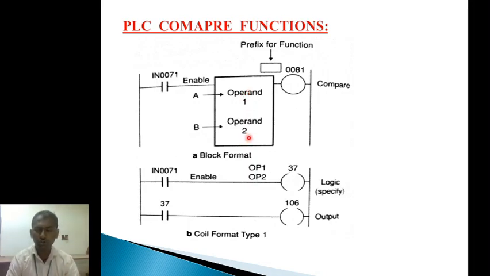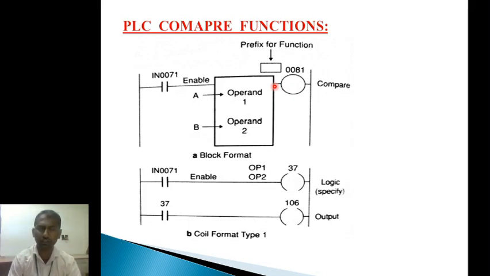We can put one value in operand 1 and another value in operand 2, and if you turn the enable on, then that particular comparison takes place. Which comparison takes place is decided by the prefix present at the output coil, that means whether it is an equal to function, not equal to function, greater than or equal to function, less than or equal to function, greater than function, or less than function.